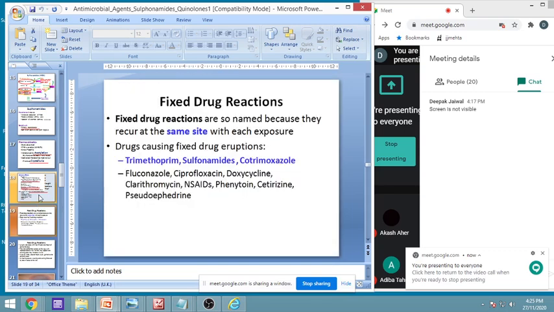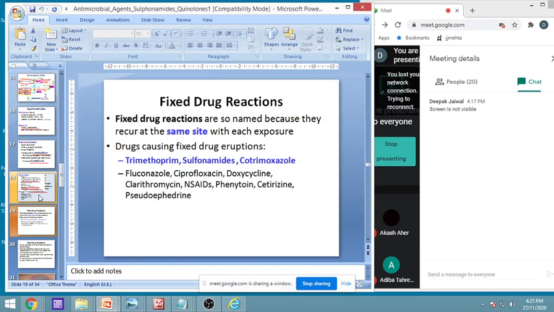So what are fixed drug reactions? They are named because they recur at the same site with each exposure. The drugs which can cause fixed drug eruptions are trimethoprim, sulfonamide, cotrimoxazole. Then other drugs are also there, like fluconazole, ciprofloxacin, doxycycline, clarithromycin, some NSAIDs, phenytoin, cetirizine, pseudoephedrine, etc. They recur at the same site with each exposure, and because of that, these are dangerous.